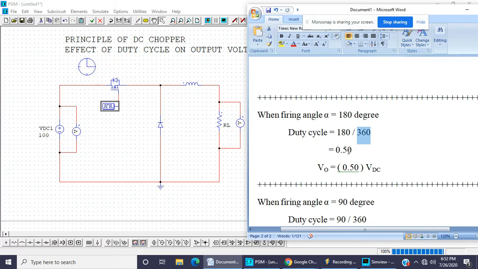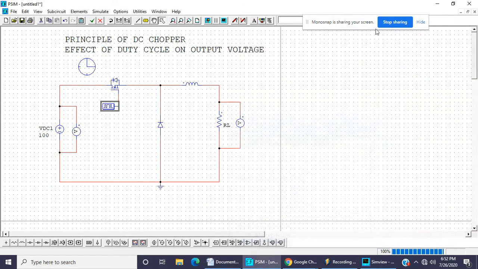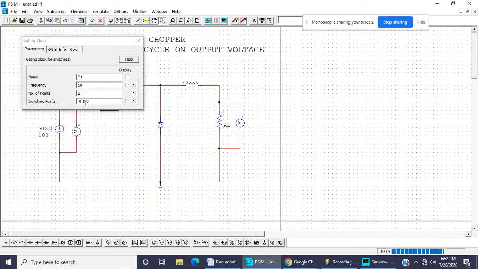Duty cycle is 180 divided by 360 is equal to 0.5. Output voltage is equal to 0.5 VDC. Here the input voltage is equal to 100. So output voltage is equal to 0.5 into 100, means 50 volt. So we have to change here to 180.